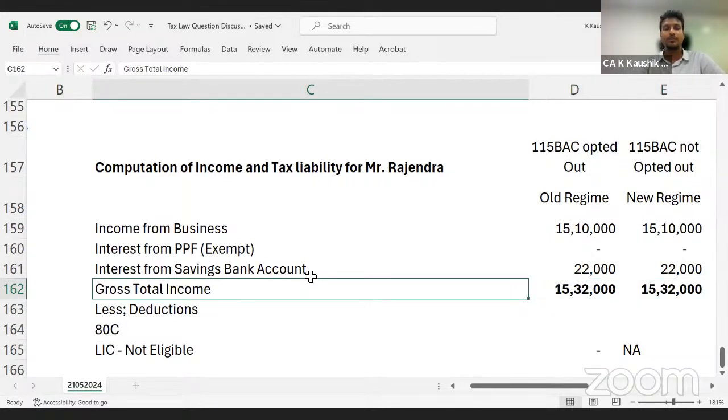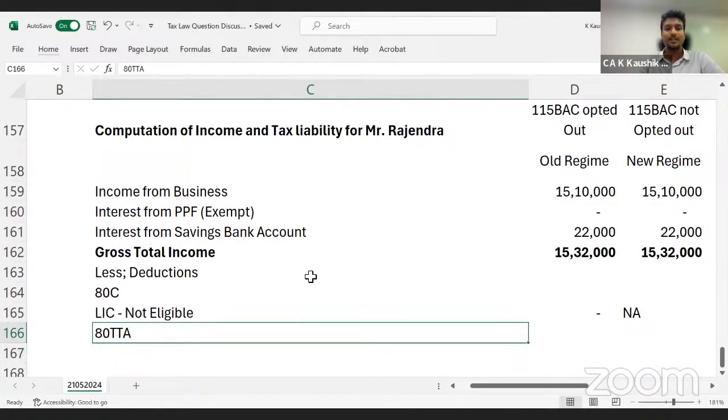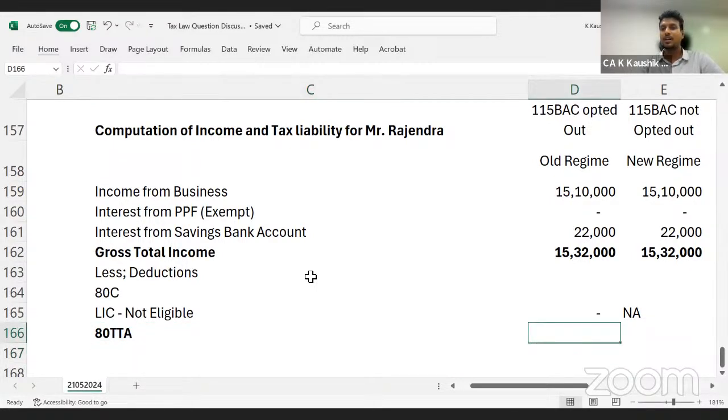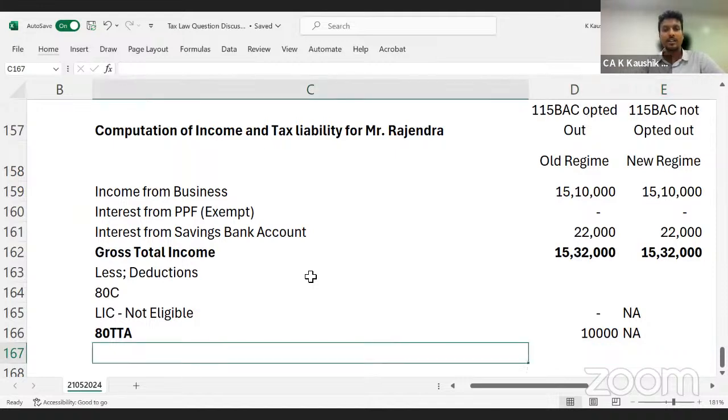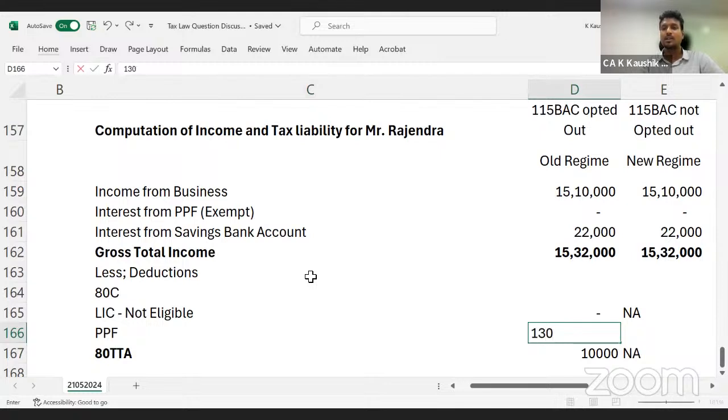15 lakh 32, 15 lakh 32. Then you have deduction under section 80TTA. Up to 10,000 it is eligible. Under the old regime you get 10,000, but under the new regime not applicable. Then you have PPF deposit of 1,30,000 under 80C, eligible under the old regime, under the new regime not applicable.